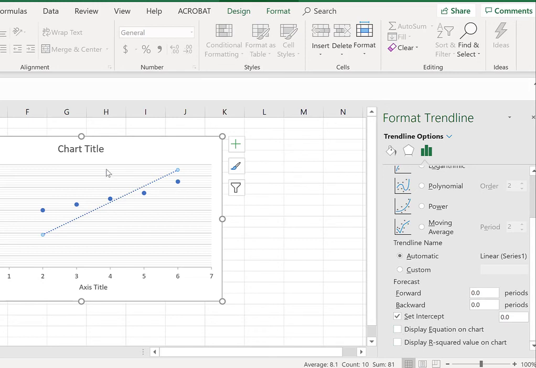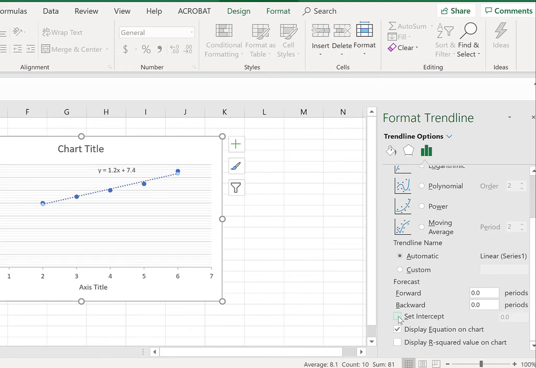You see how the graph equation disappeared, and then you set display equation again, and it automatically changes it to where intercept is 0. You want to do that for the exam grade versus the hours studying to set the intercept to 0. But for the first graph, definitely don't set the intercept to 0. This is how you remove it: if you don't want to set the intercept to 0, you just click that away, and it'll go away.